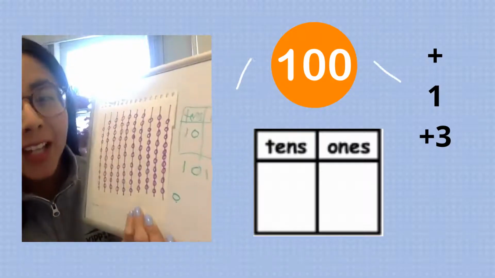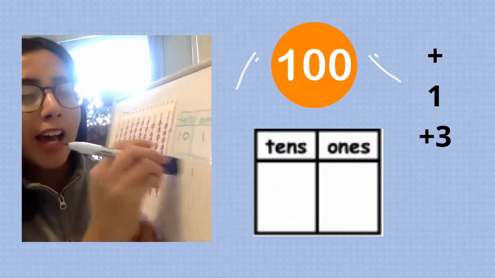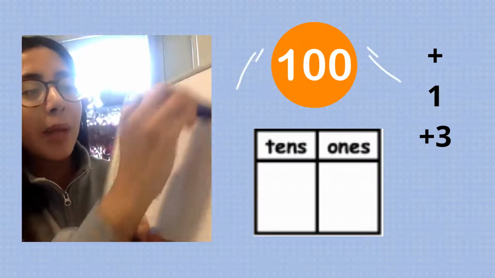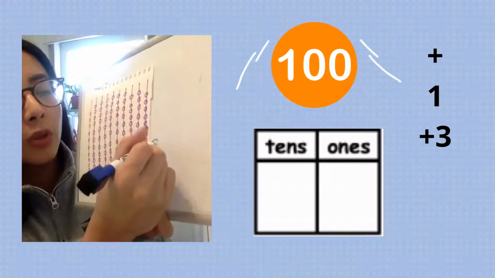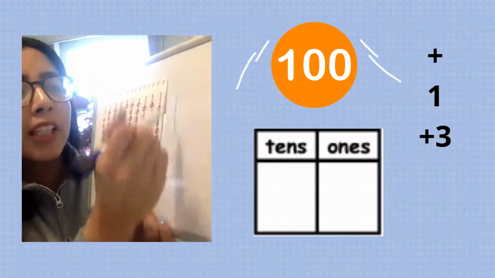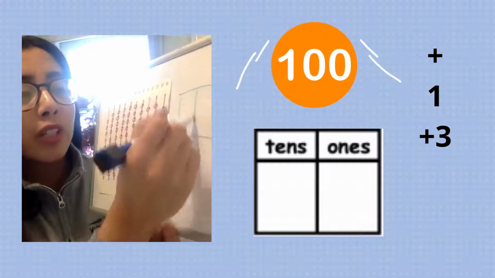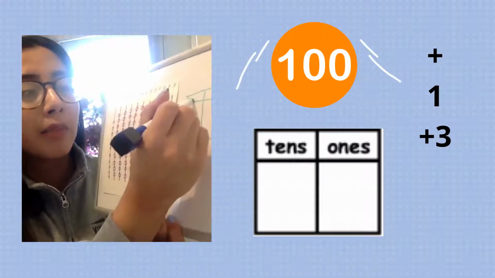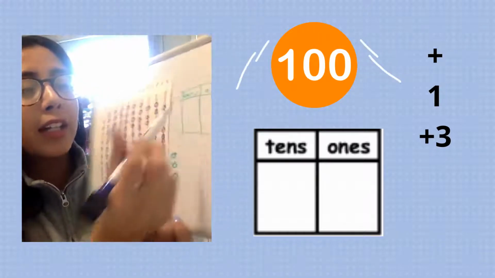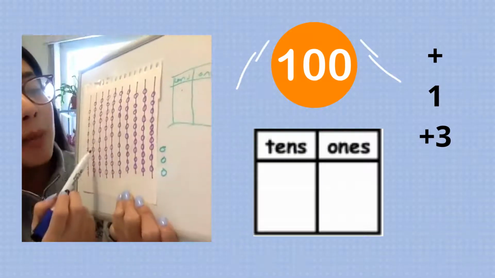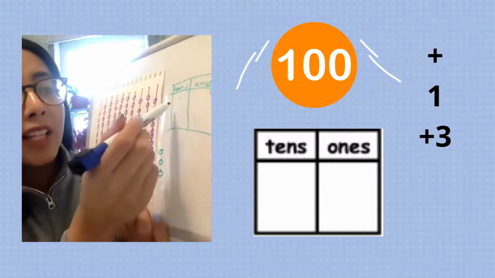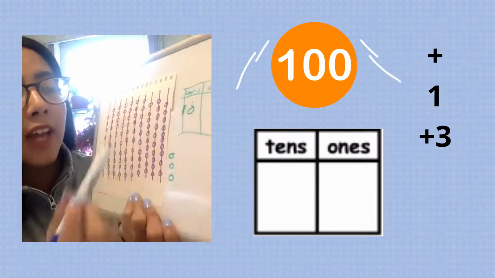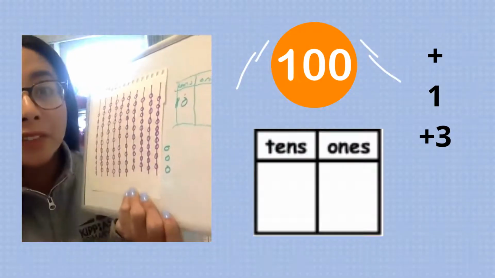But what if I also add, this time I add 3 beads. 1, 2, 3. Let's see if our place value chart is going to change, or maybe it'll stay the same. If I start with my tens place, how many groups of 10 do I have? I still have 10. I didn't see myself adding any groups of 10.